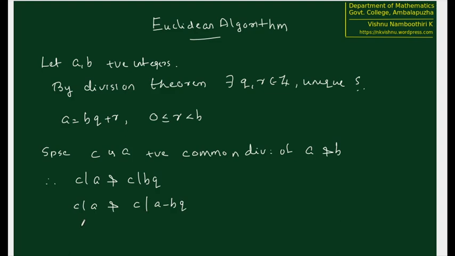But a minus bq is what? It is r. So c divides r, and c divides b is also known to us. From all these, we are going to take just these two parts: c divides b and c divides r. We started with c divides a and c divides b, and we finally arrived at c divides b and c divides r.